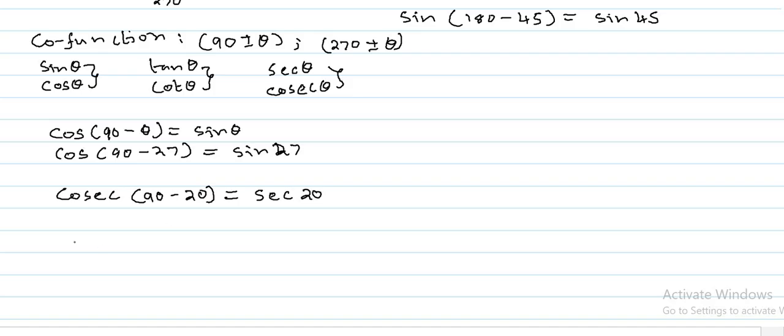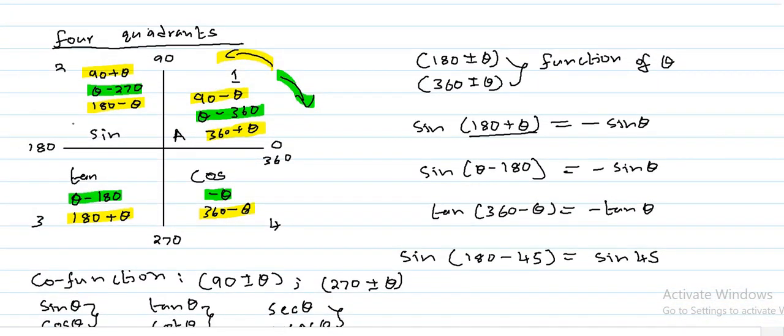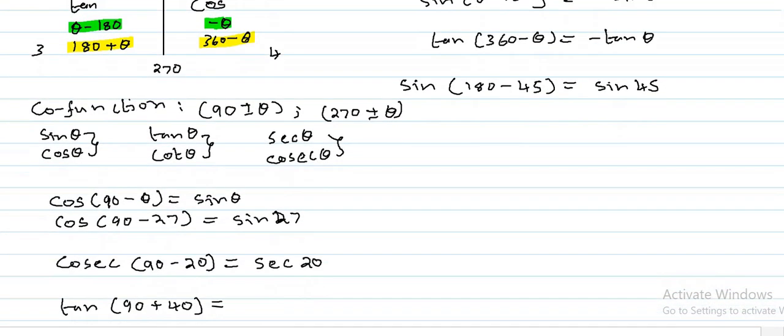So what happens now when we are given the tan of 90 plus 40? You check on our quadrant. 90 plus any theta is quadrant number 2. So in quadrant number 2, the only trig ratio that is positive is sine.